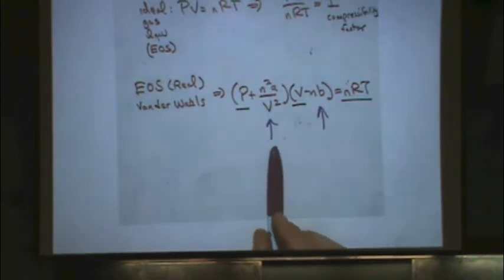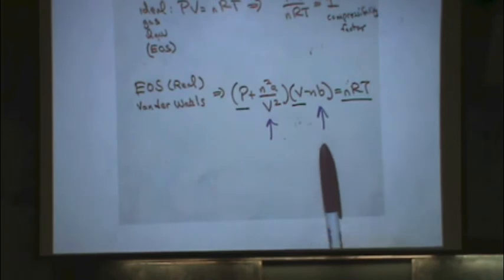This correction has to do with breaking the no attraction rule. If gases are actually attracted to each other, it will change the pressure, and van der Waals corrected for that change in pressure by adding that term. The second term is a volume correction. This is the breaking of the assumption that gases take no volume.